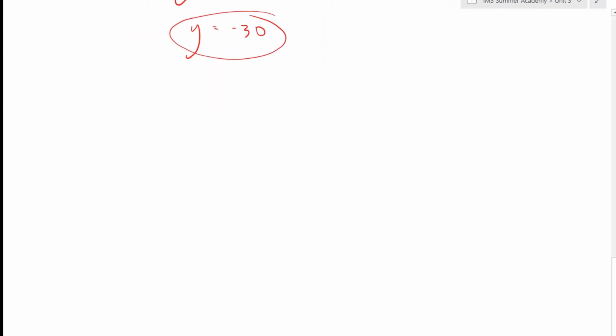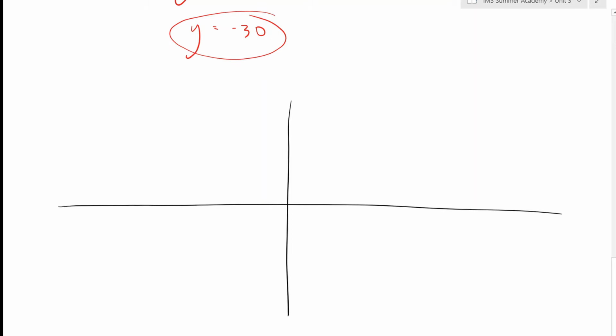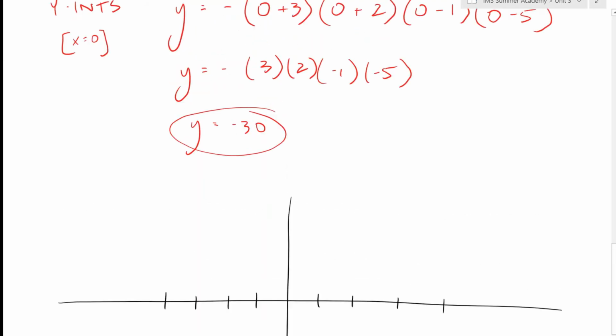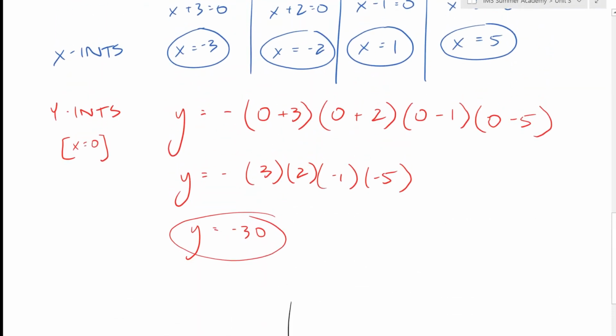Now we're not making the best graph possible, we're just finding kind of how this looks. We want the general idea. So my X-intercepts. I have X-intercepts at, let's see, -3 and -2.